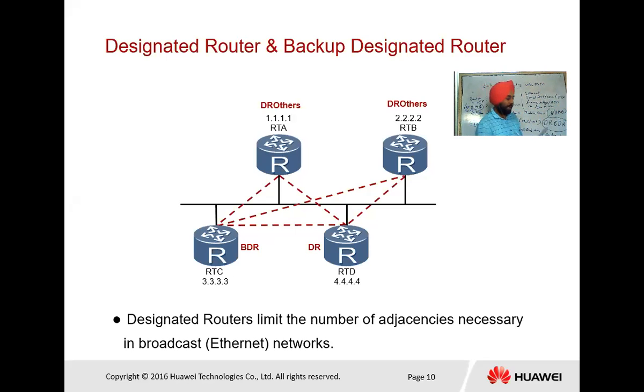So the formula for finding the adjacency is n(n-1)/2. Suppose in our example the value of n is 4. So 4 times 3 is 12, divided by 2 is 6.